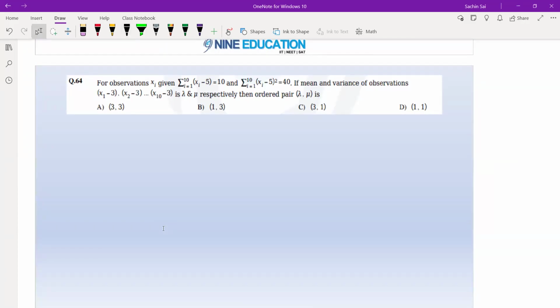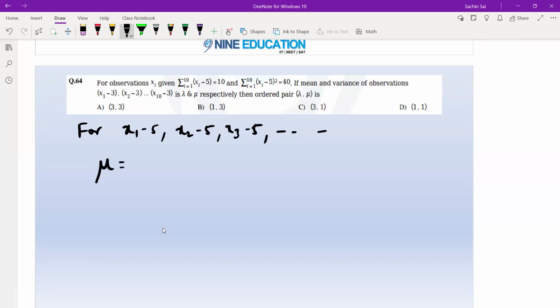So question 64, for the observations given, if the mean and variance of the observations are lambda and mu respectively. Now, here, first I will find the mean of the observations xi minus 5, right? So for x1 minus 5, comma x2 minus 5, comma x3 minus 5, and so on, what is the mean?